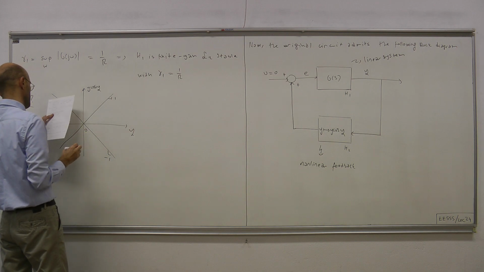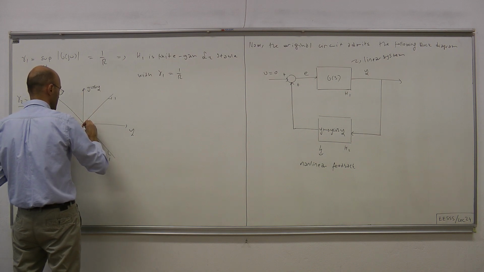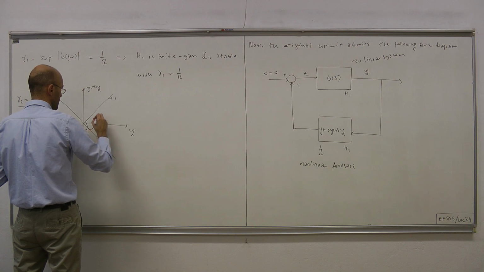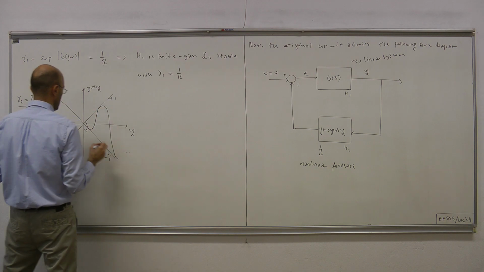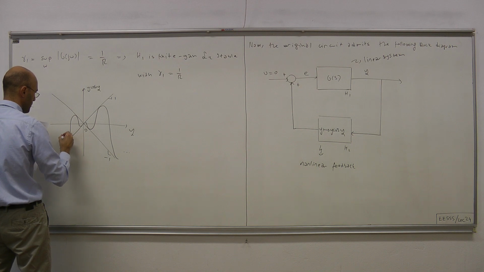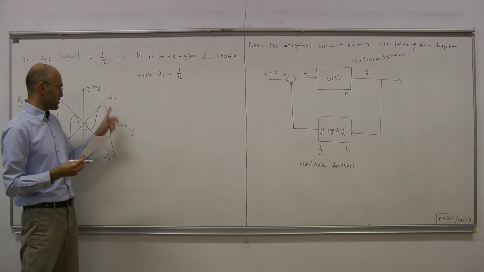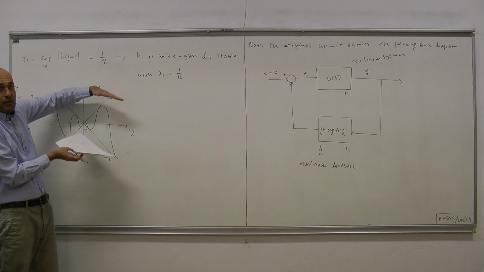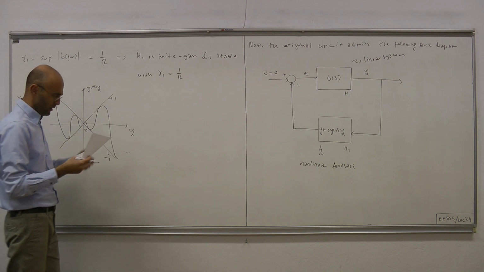This is the origin, and y cosine y is something like this. It always remains within this sector, with slope 1 and slope -1.